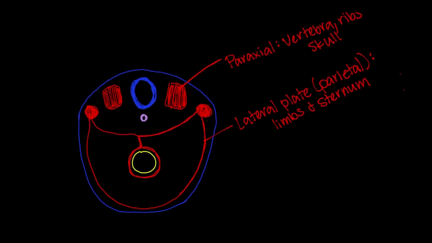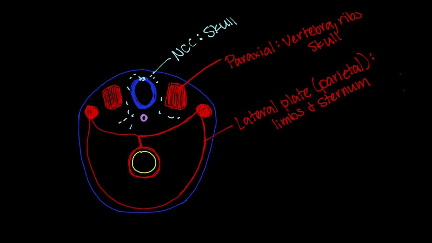And then finally, remember during neurulation, or the formation of the neural tube, there are going to be what are called neural crest cells that form on that dorsal margin of the neural tube. They're going to migrate and form different things. In terms of the skeleton, the neural crest cells are going to form the skull.